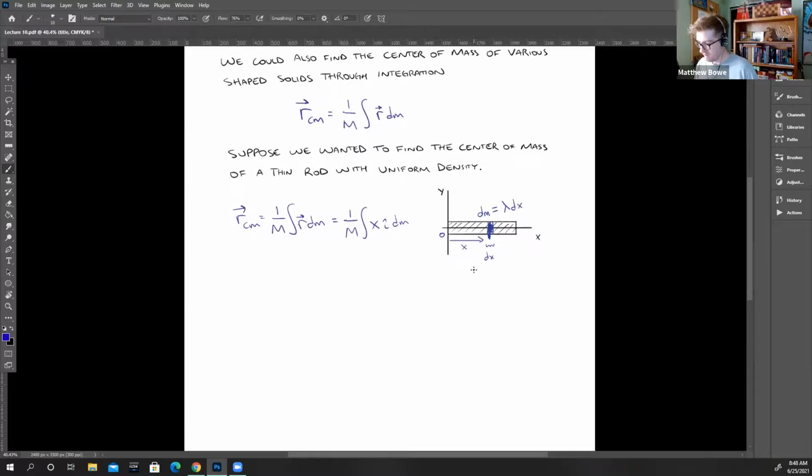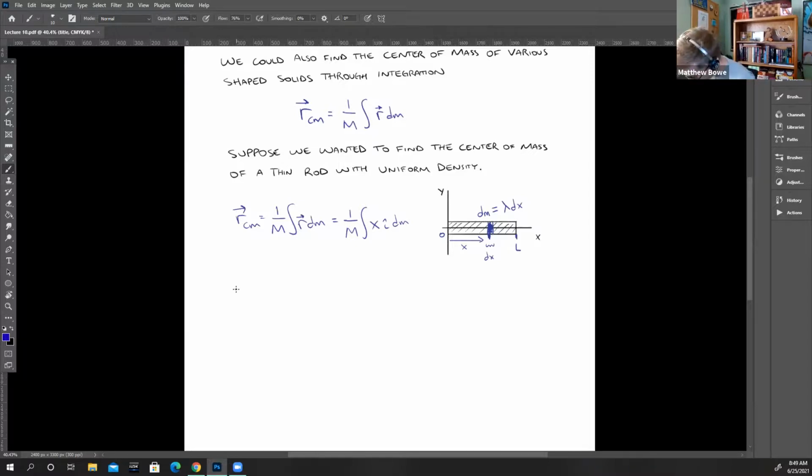Okay, since the mass is distributed from 0, the origin, to however long this bar is, right here is capital L. Since it has a uniform density all the way through, let me write this down as I go.